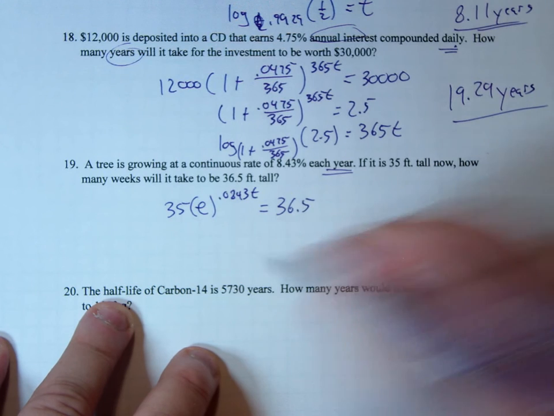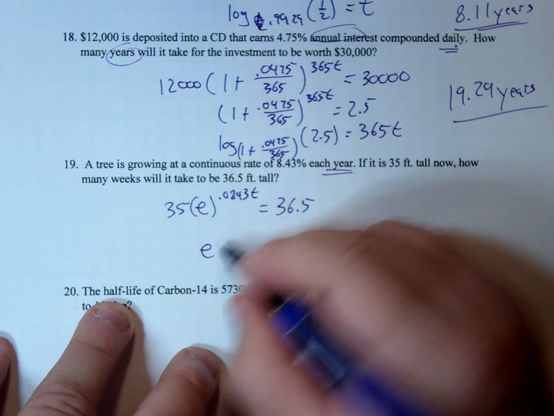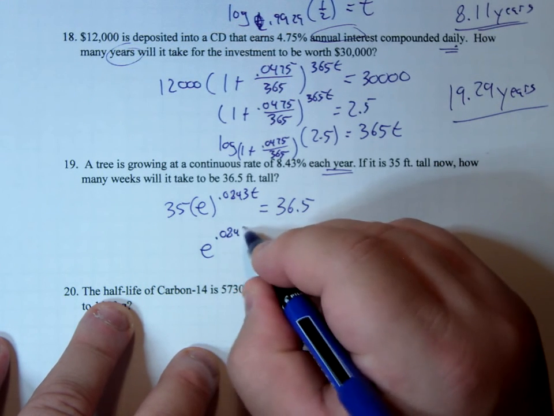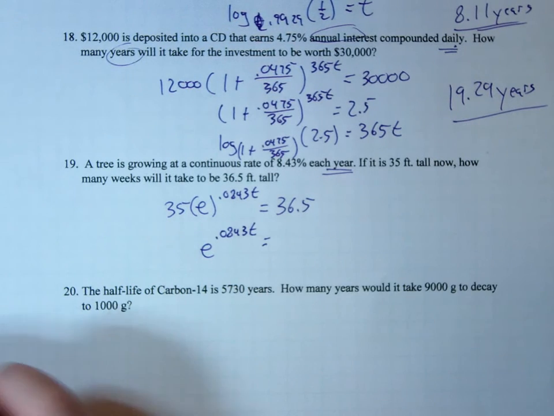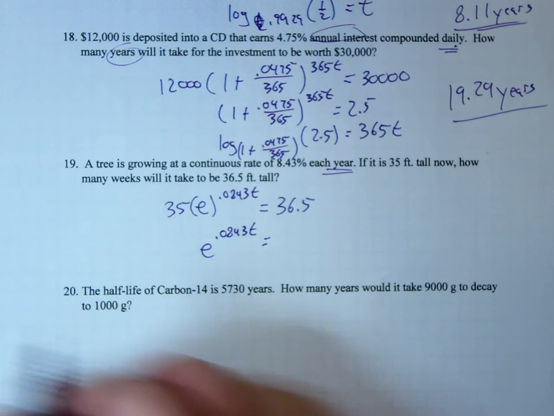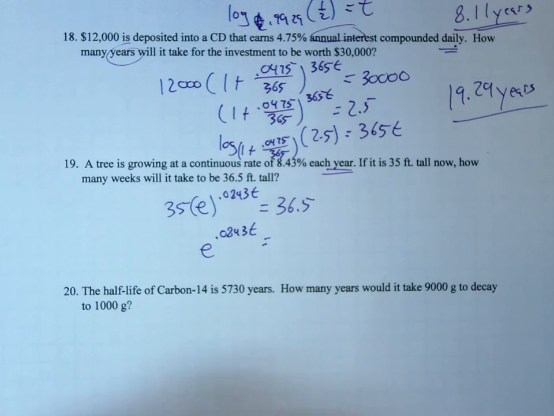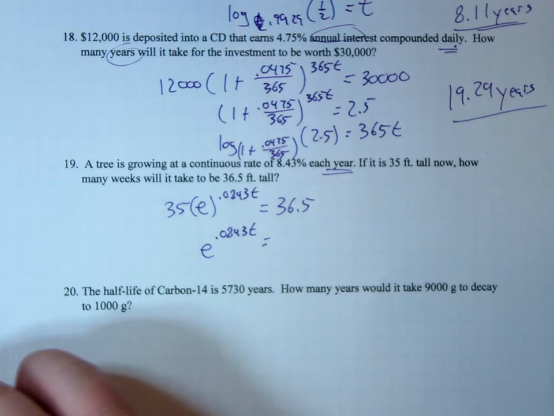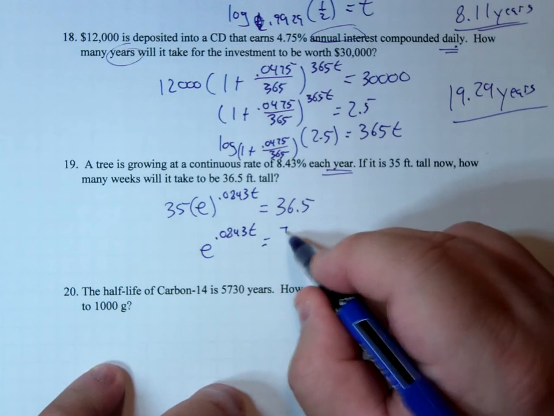So e to the 0.0843 t equals 36.5 divided by 35, which is, I'm not sure I want to, it's 73 over 70. I can use that fraction, it's not crazy.